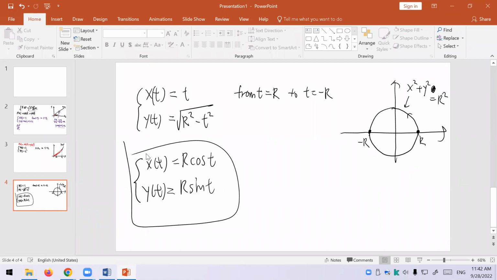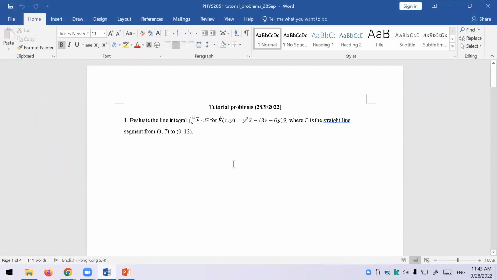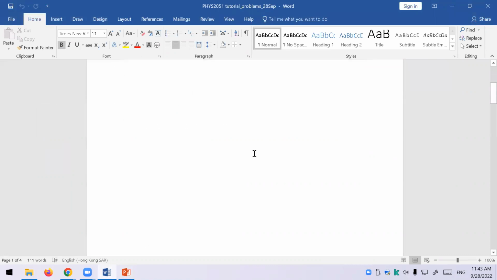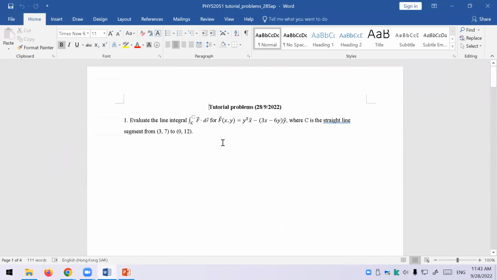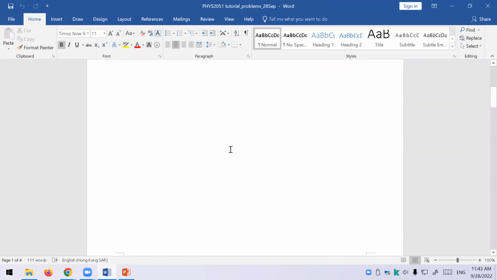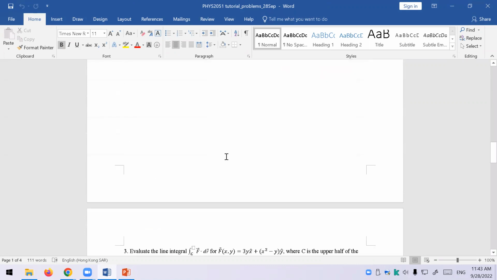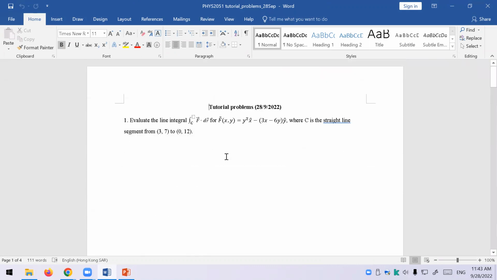Now you can just start doing the problem. I don't want to spend too much time on it because we still have a lot of content to go through. Try the first 3 problems, but just convert the integral to an integral in t and stop there. Don't bother to find the final answer.